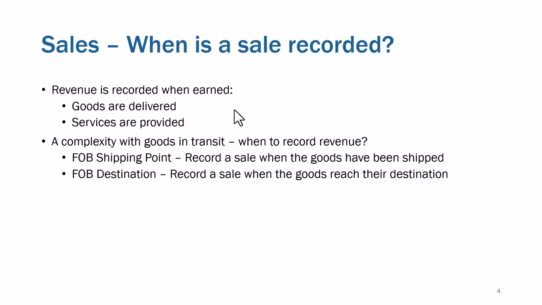The other one is FOB destination. In this one, you're going to record a sale when the goods reach their destination. So the seller in that situation would be responsible for the goods until they get to the customer. And if they were damaged in transit, that would be on the seller, as an example. Now, this is just something that's negotiated between the parties.